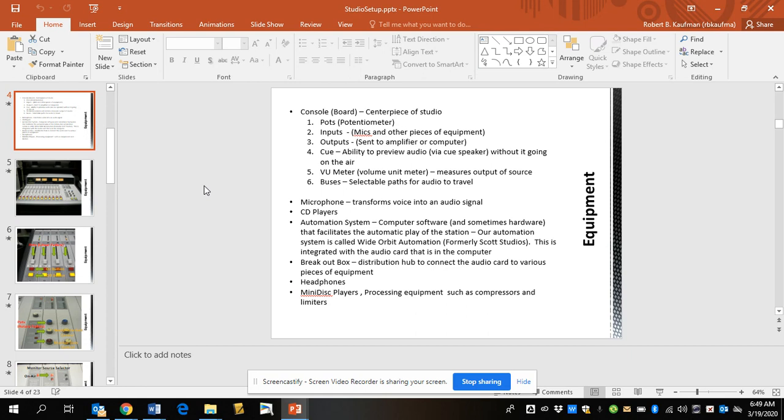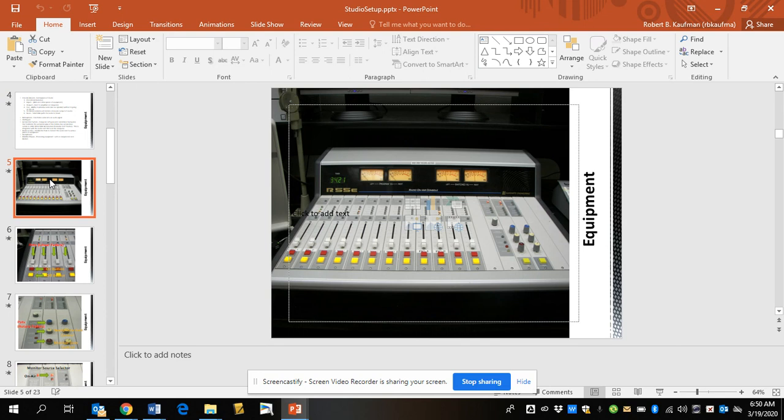You have a breakout box, which is basically a distribution hub. It connects the audio card from the computer and the board to various pieces of equipment. Of course, you have headphones, and in some studios, you have mini disc players, processing equipment, which are things like compressors and limiters.